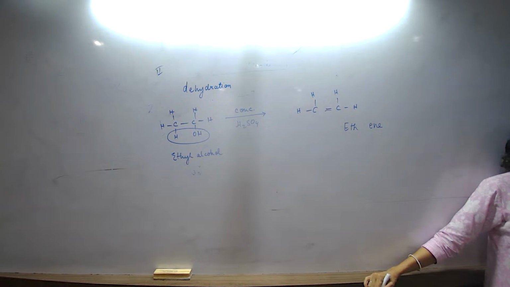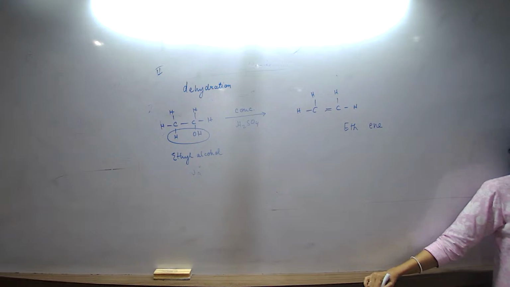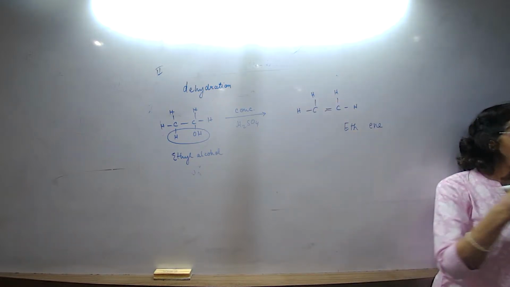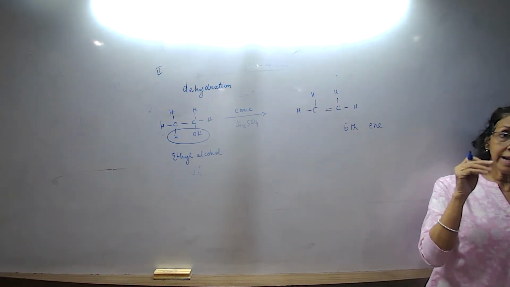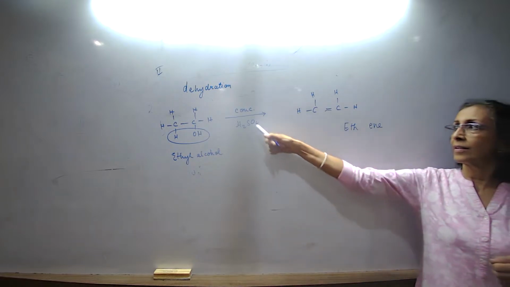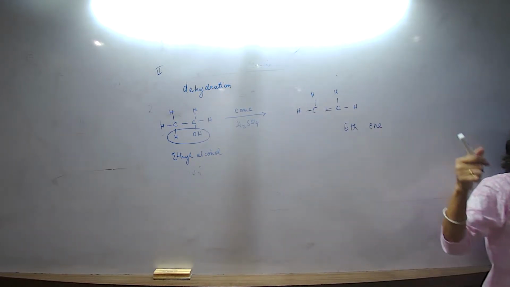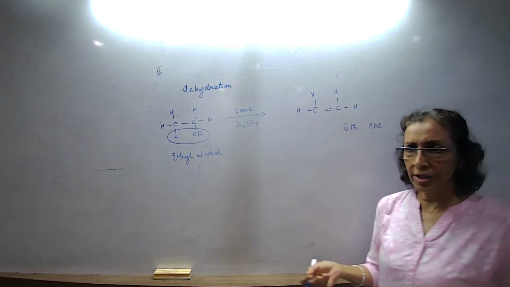Ethylene itself is a starting material or a raw material for many of the other materials which is required in the industry. Why is it called a dehydration? Because water has been removed. So what is the dehydrating agent here? Sulfuric acid is a dehydrating agent.